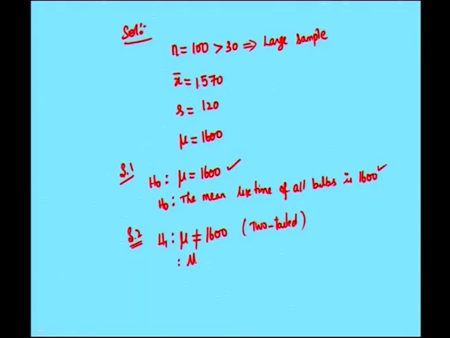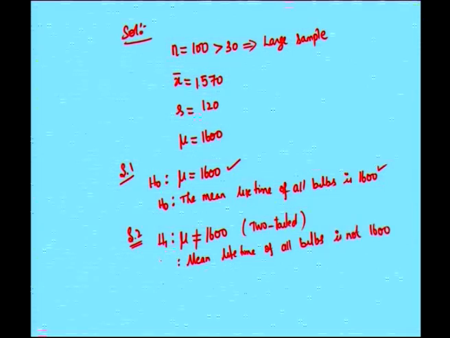Since nothing is mentioned, it is neutral and we can take mu not equal to 1600. So, H1 in words is written as the mean lifetime of all bulbs produced by the company is not 1600. This is your H1 in words.